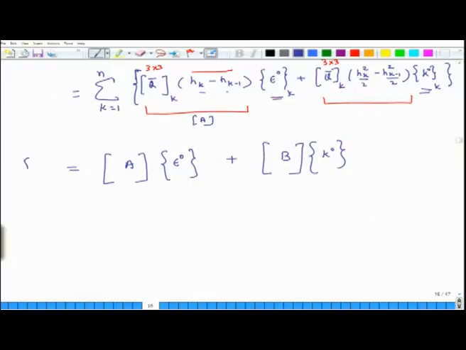And this is my force resultants. So, I can say that force resultants, which are Nx, Ny, Nxy, are equal to A matrix, which is a 3 by 3 matrix, times midplane strain, plus B matrix, which is a 3 by 3 matrix, times midplane curvatures.